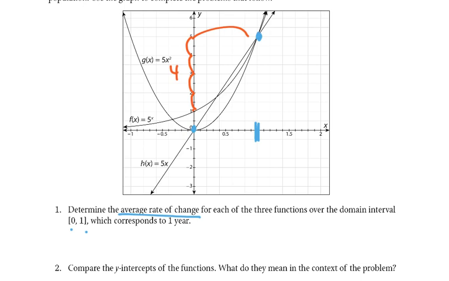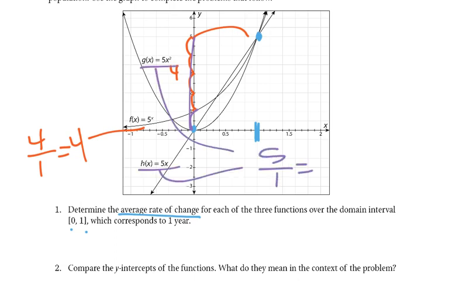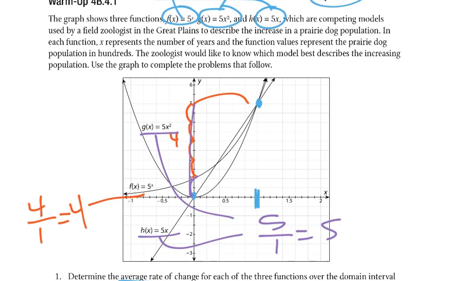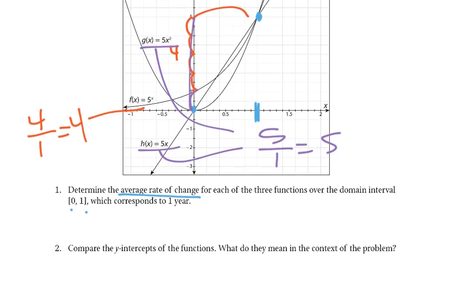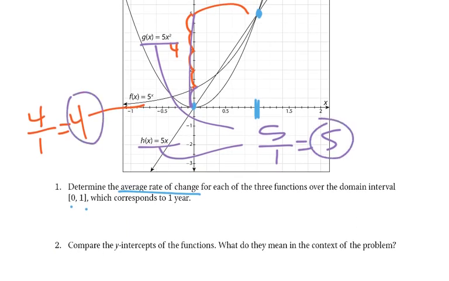So it would have a rate of change of 4 over 1, or just 4. Okay, whereas the other two, they just go 1 up more, so it'd be 5 over 1, or just 5. So that means every year they have either 400 more or 500 more.